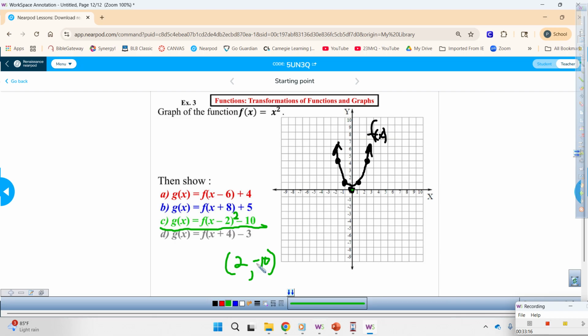So it's 2, negative 10. Hands if you got that by yourself. Okay. All right, so let's move on.